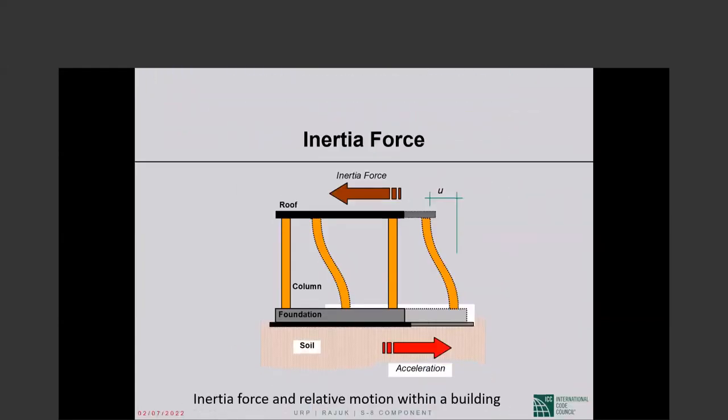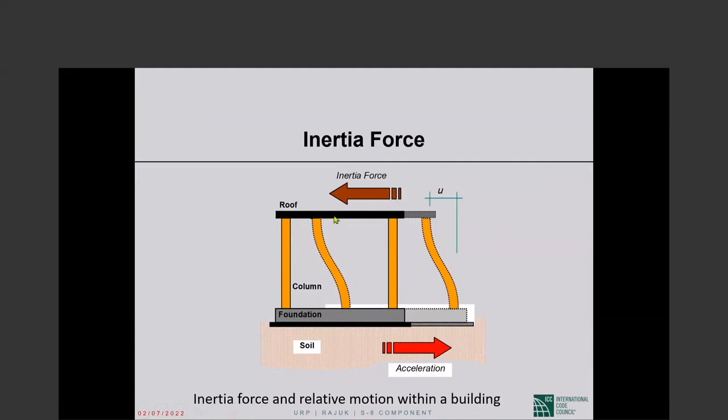I have maybe 5 or 6 slides from the last presentation that I included here just to remind you of the basics that are already discussed. First of all, in an earthquake, the foundation begins to move all of a sudden and in every which direction.